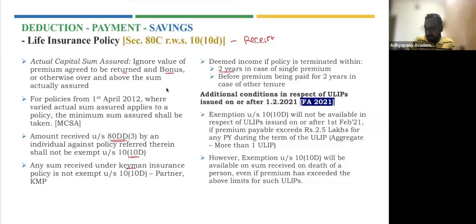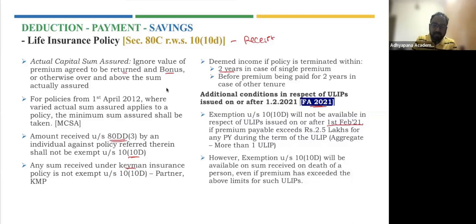And from Finance Act 2021, there is a new scheme announced where exemption under 10(10D) will not be available for ULIPs that are taken after 1st February 2021. So it is not about existing policies. It is about new policies taken on or after 1st February 2021.